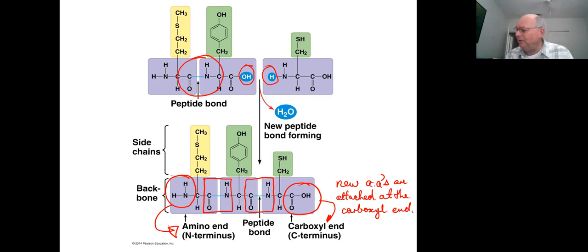So consequently, a polypeptide is numbered from, let's clean that up a bit, I think.